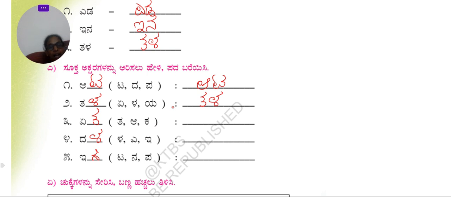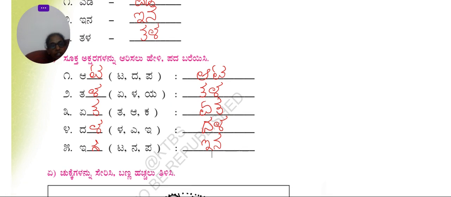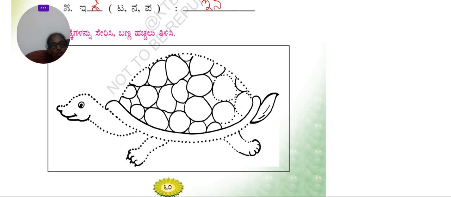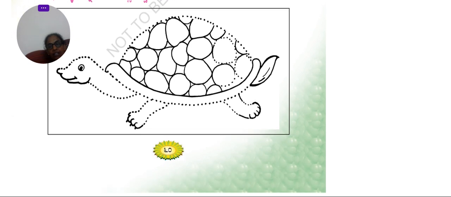Then eta is the pulley from which you can draw water out of the well. Dala can be a petal, a flower petal. Ina is the sun. Then the next one is just a drawing activity. You have to join the dots, complete the picture and color it. So this is lesson 5.